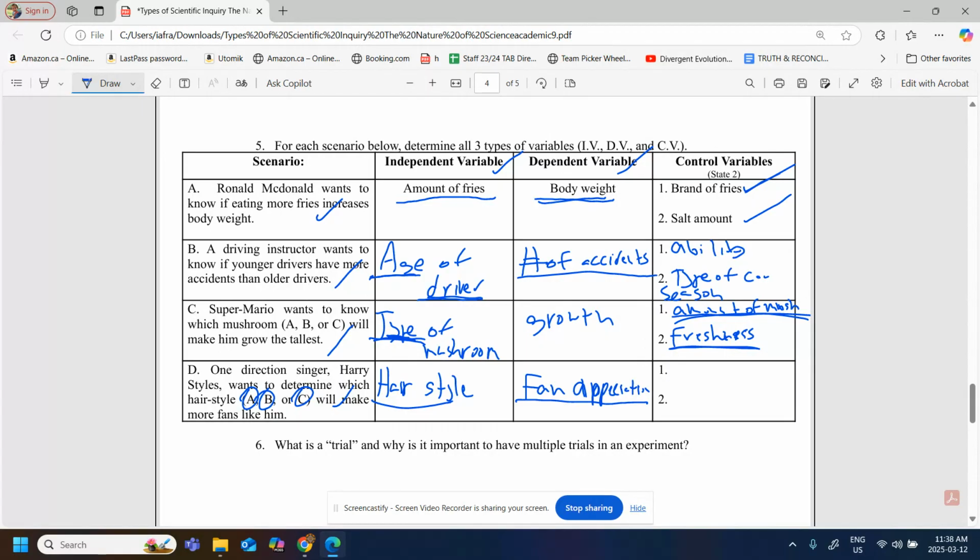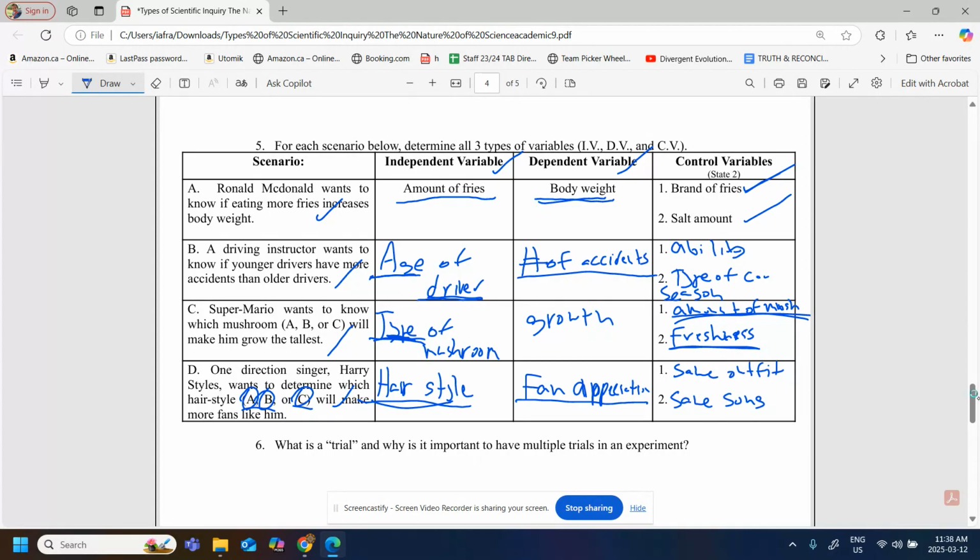Okay, well, what are some control variables to make sure it's only hairstyle you're looking at? So maybe for each of the hairstyles, if you only want to test hairstyle, Harry Styles should have the same outfit on. Or maybe Harry Styles might have to sing the same song.